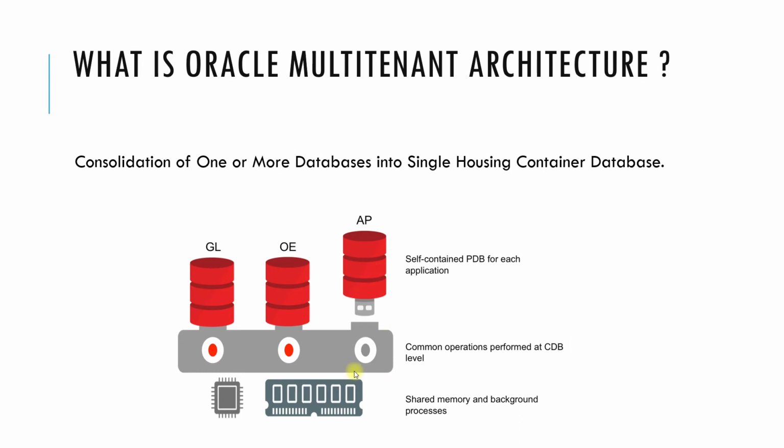That gray box is the CDB root, under which all the pluggable databases, as the name says, will be plugged in. All the pluggable databases will contain application data. The CDB root will not contain application data. It will just contain the metadata and nothing more, and it will contain common users.